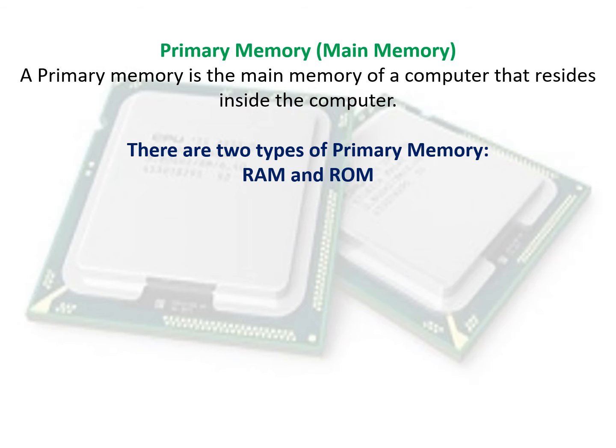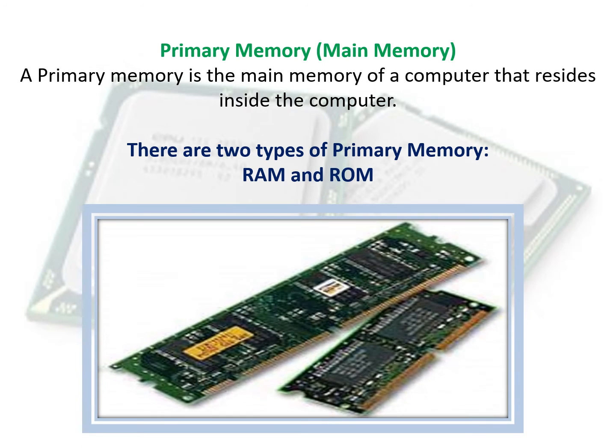Primary memory is the main memory of the computer that resides inside the computer. A computer can only process the data that is in the main memory, and there are two types of primary memory. The first one is RAM and the second one is ROM.